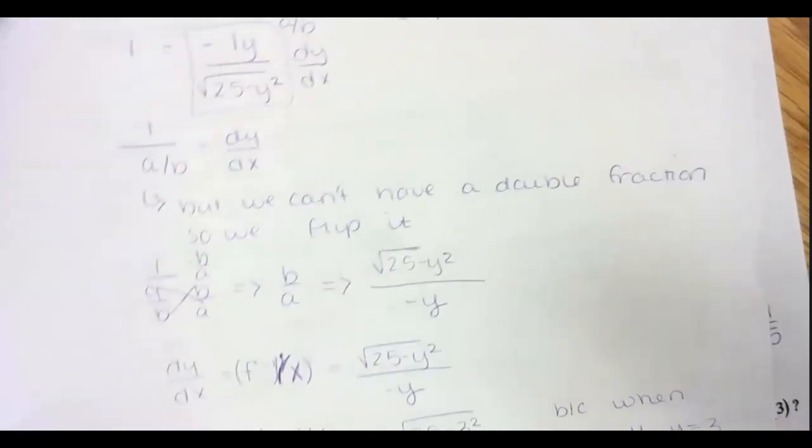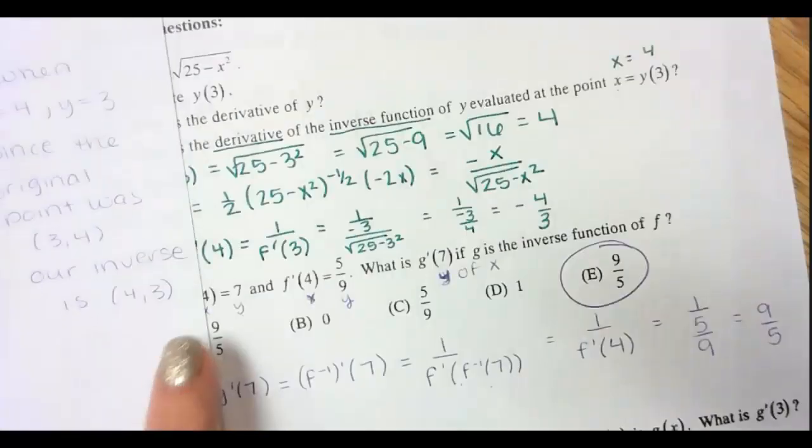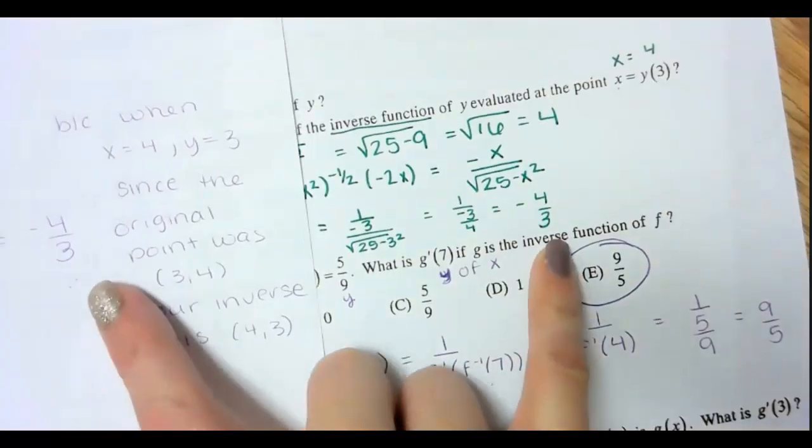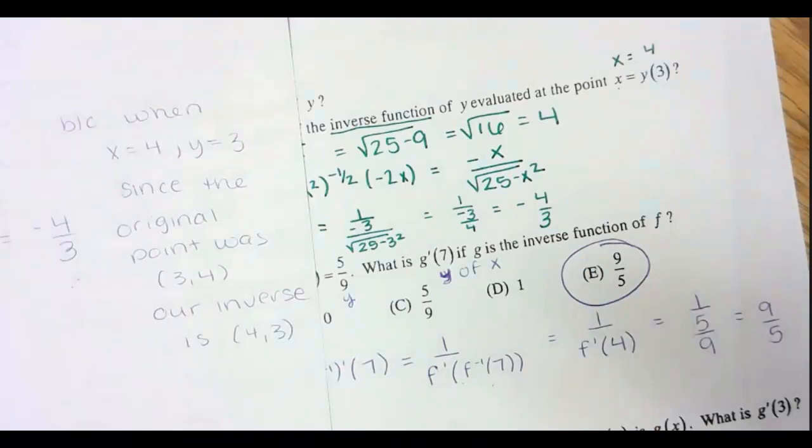So there is definitely a right and a wrong method for certain problems, but as you can see, both methods will get you to that same answer, because both ways I ended up getting that -4/3. So just something to keep in mind.